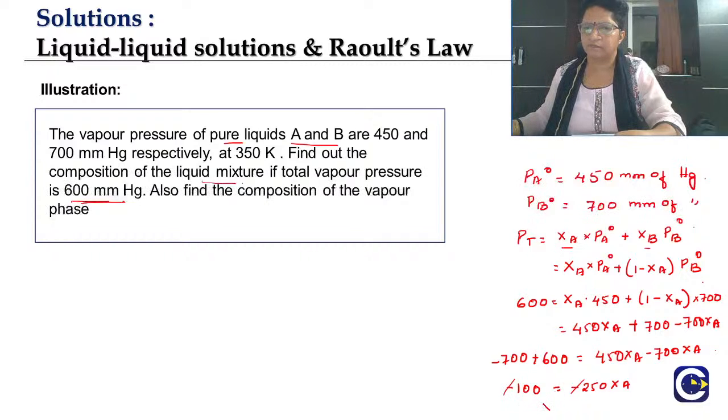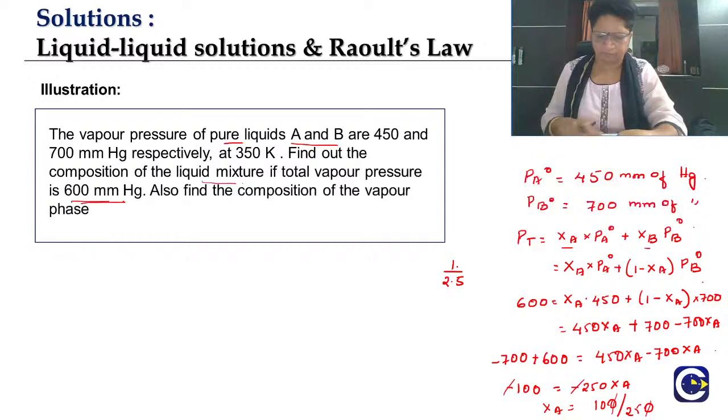XA, you bring this 250 to this side: 100 by 250, that is 10 by 25, or 1 by 2.5. One divided by 2.5 is 0.4.